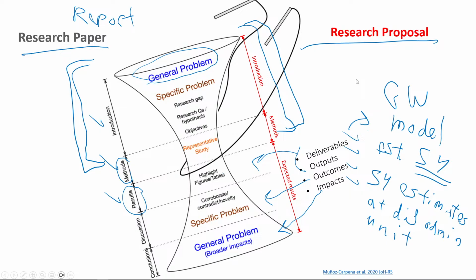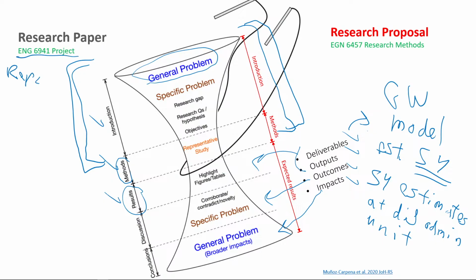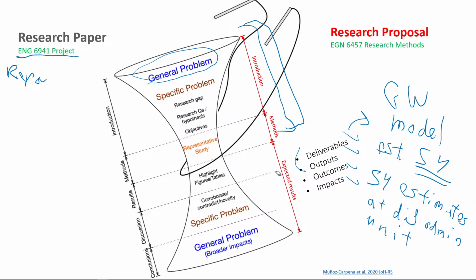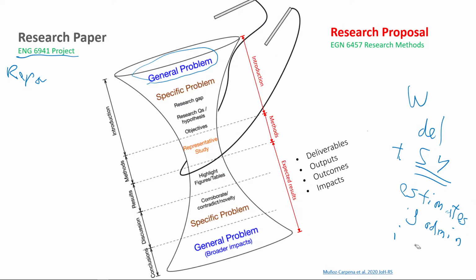Okay, here we go. So this is the research method, for example, and this would be the project where you will write a report. Okay, so let me clean this.